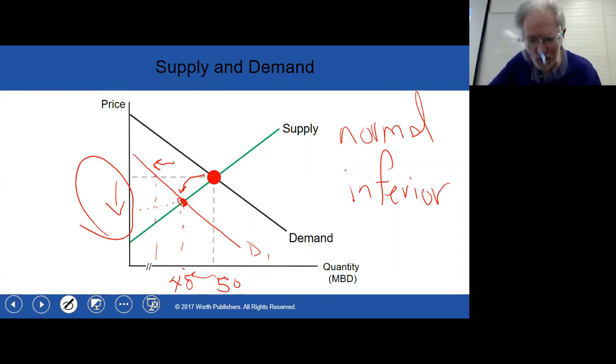That shifted the demand curve. But because the demand curve shifted, that lowered the price. And the producers do respond to the lower price. Okay? So this event, this change in income, affects both consumers and producers.